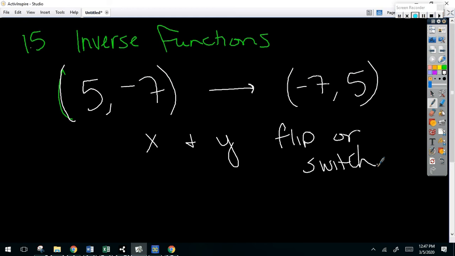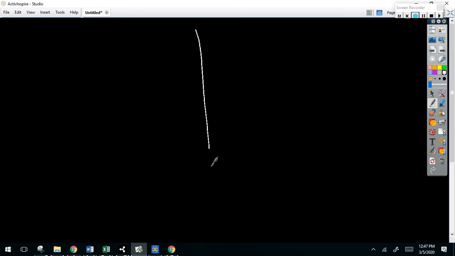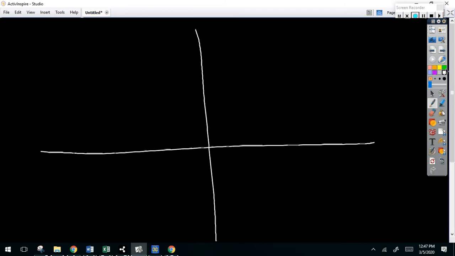So let me show you graphically what this looks like. Let's take a parabola. This is that parent graph that you're so familiar with, (0, 0), (1, 1).